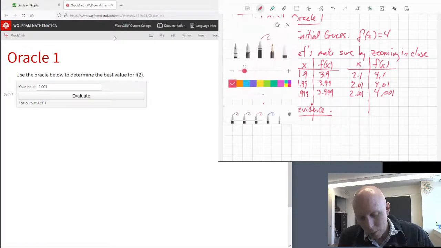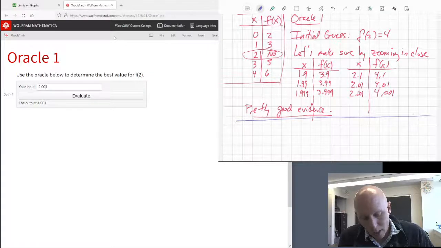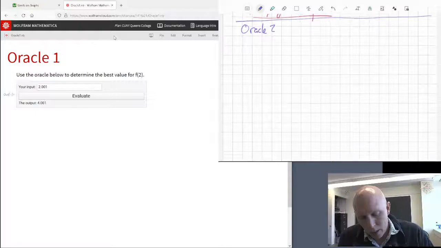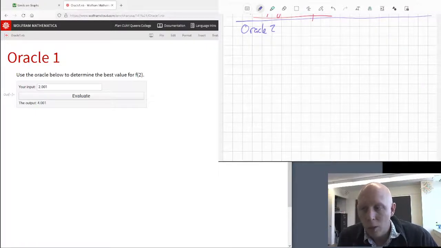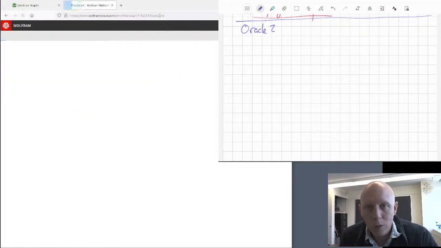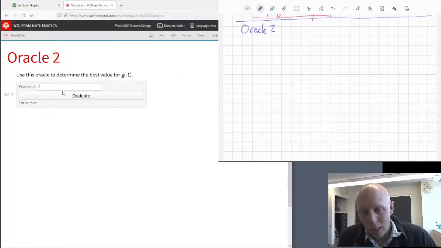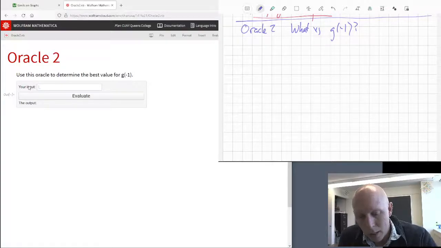Each one of these oracles brings something different into the discussion. So in Oracle 2, what did we learn? We're trying to figure out what g of negative 1 is. This time let's plug in negative 1. What do we get?